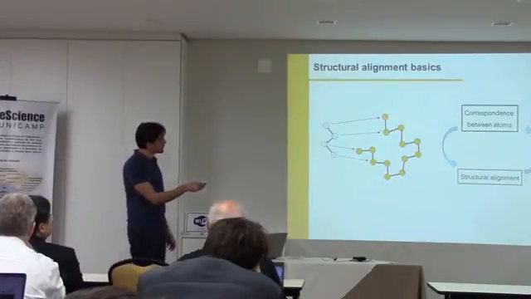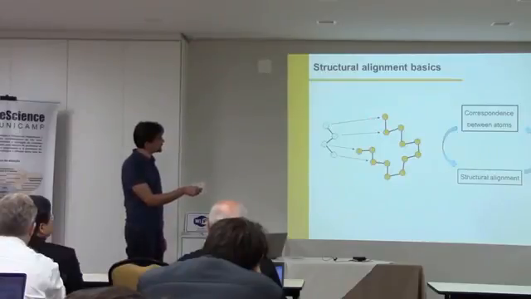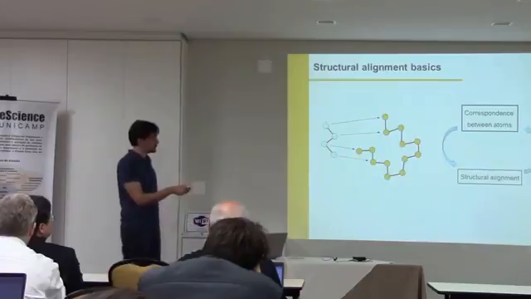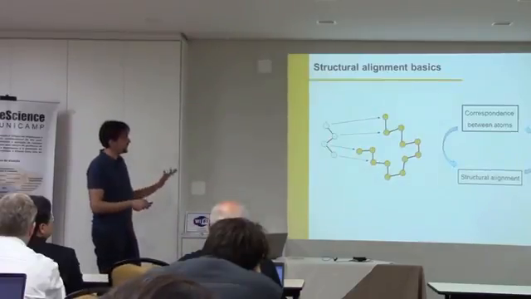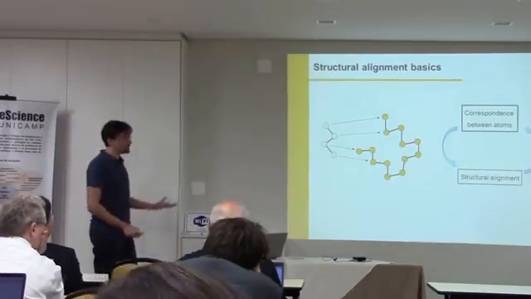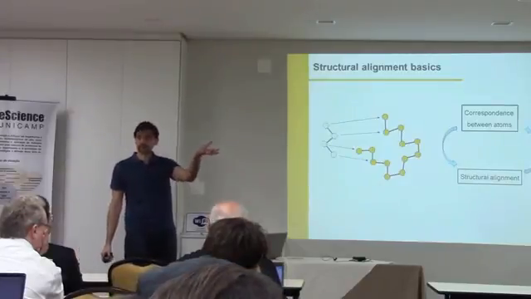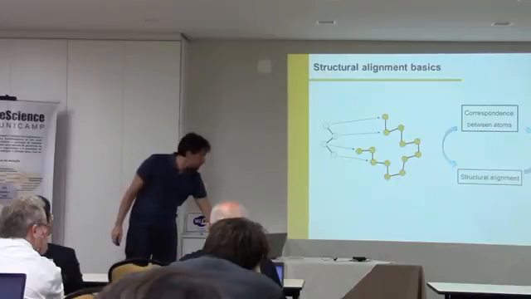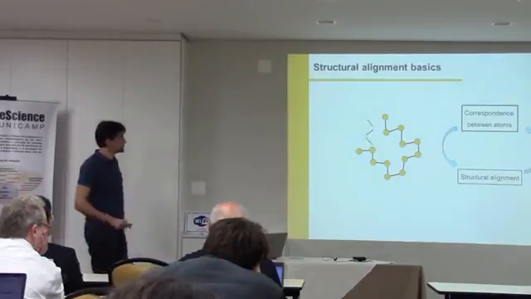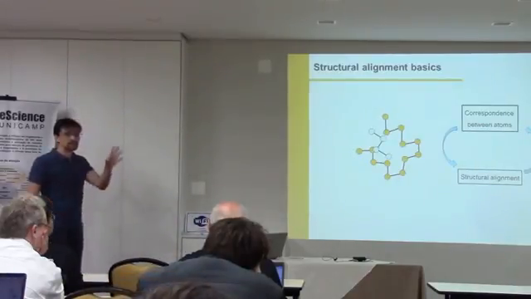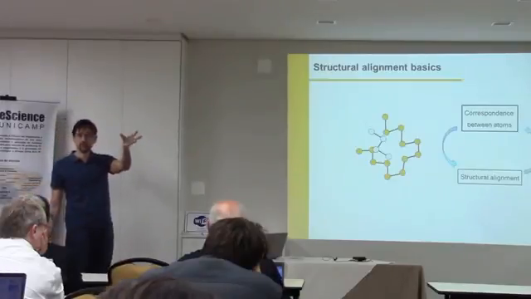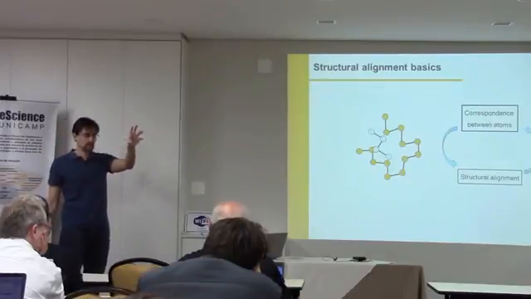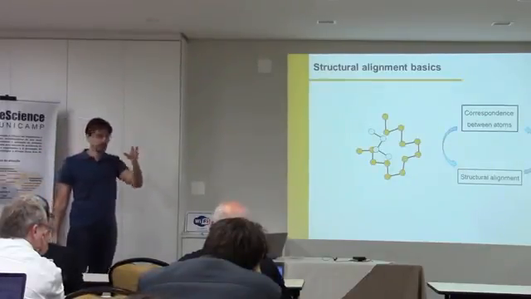Once I have defined this correspondence, I have to move one of the structures in order to improve the superposition of these atoms, to obtain the best movement of one of the structures that superimposes the corresponding atoms.